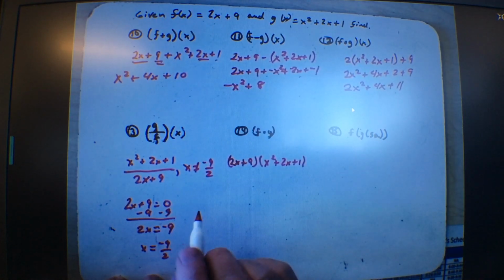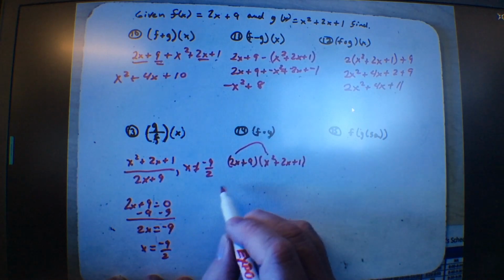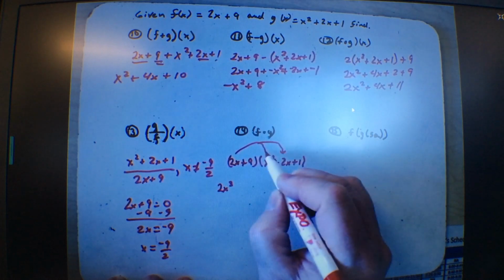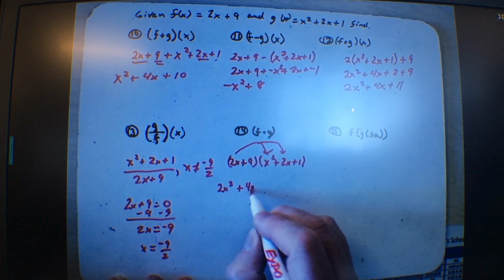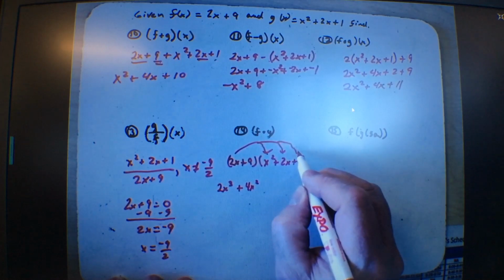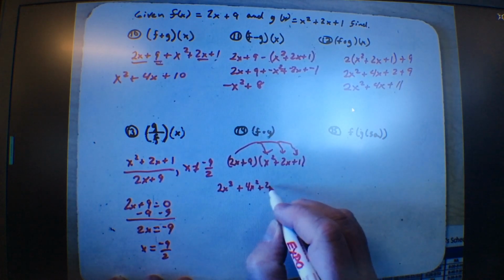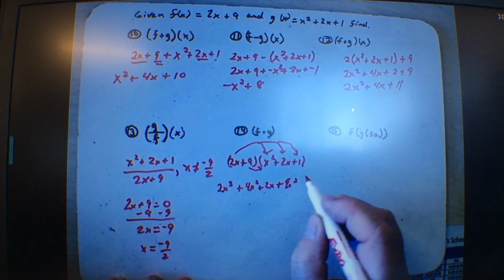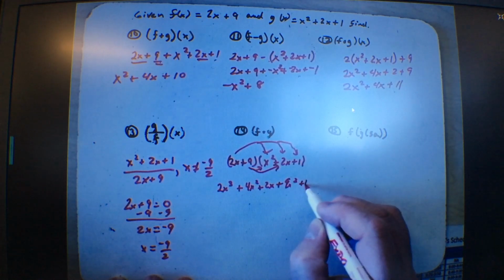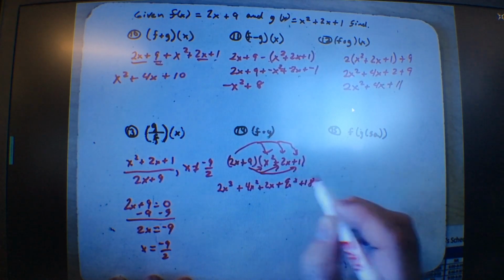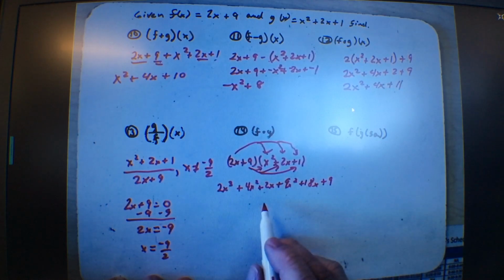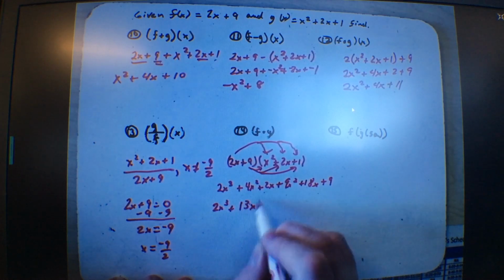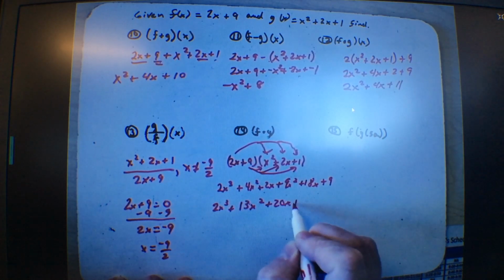And you use the distributive property. 2x cubed plus 4x squared plus 2x plus, and we do the 9 also. 9x squared plus 18x plus 9. So I have 2x cubed plus 13x squared plus 20x plus 9.